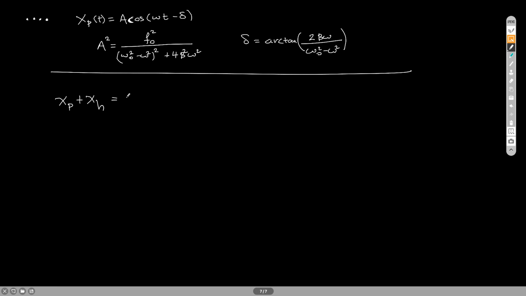And for me, this will be A cosine omega t minus delta plus C1 e to the r1 t plus C2 e to the r2 t.